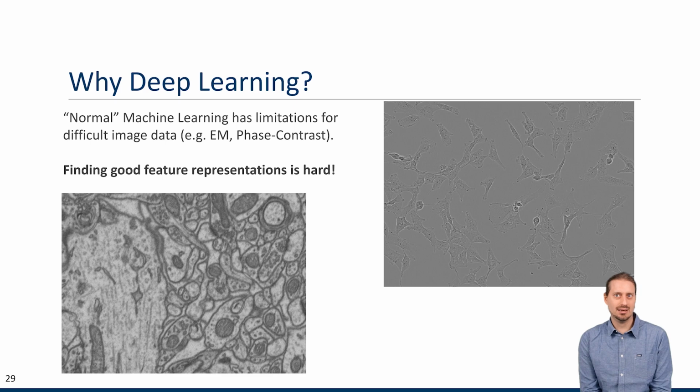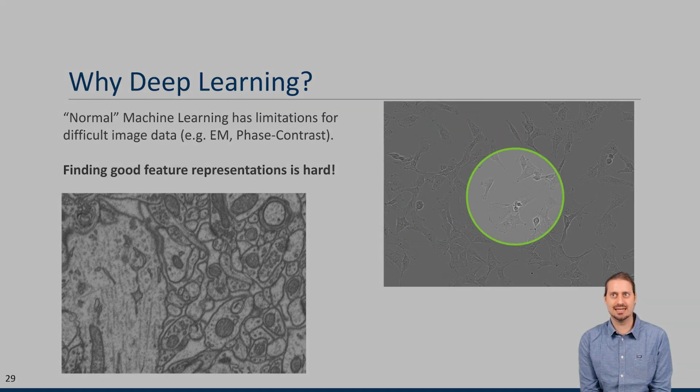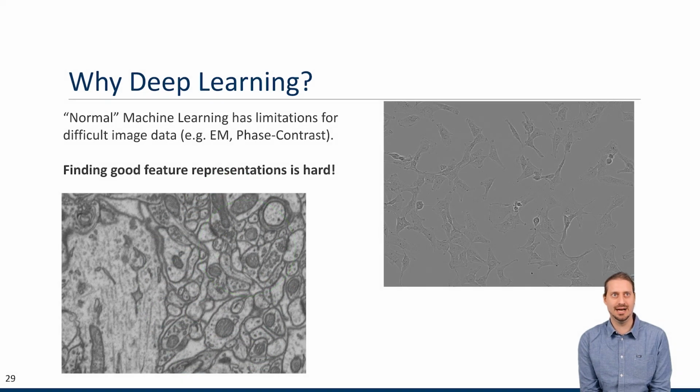I think you can immediately see this looking at the image, right? Separating these touching cells in phase contrast, where we cannot use the intensity as such a clear signal, will be much harder than separating these nuclei in fluorescence. And also here in EM, where we have intensity values for all kinds of different structures, this segmentation task will be harder.